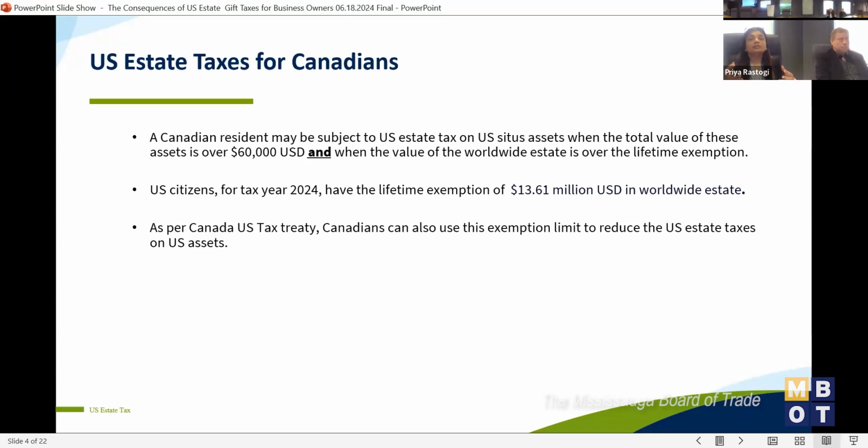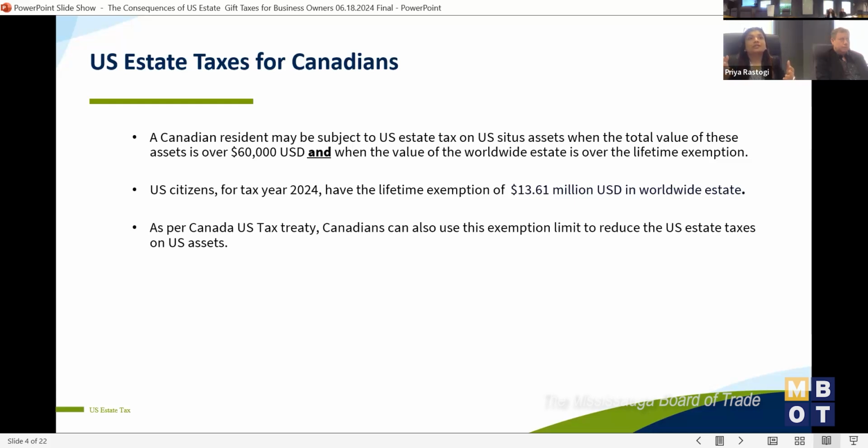So in case you have US situs assets of more than $60,000 and your worldwide estate is more than $13.61 million, you will be required to pay some US estate taxes, because your assets are more than the threshold.